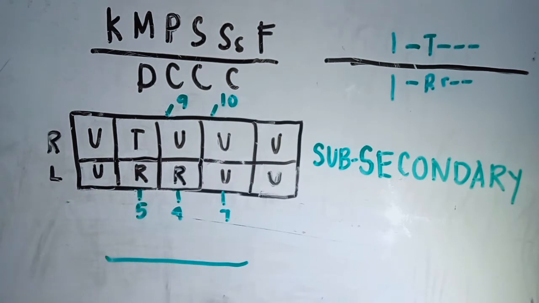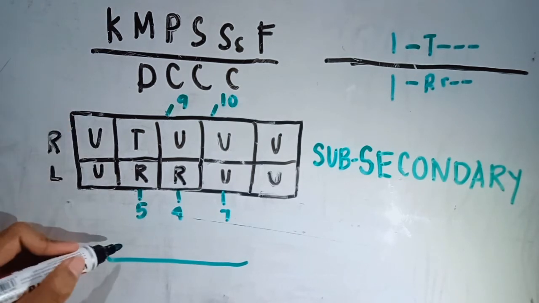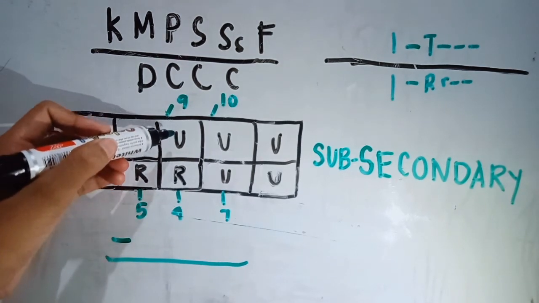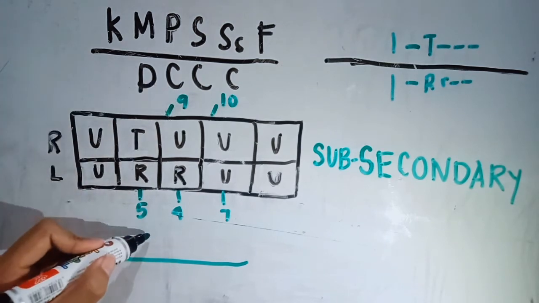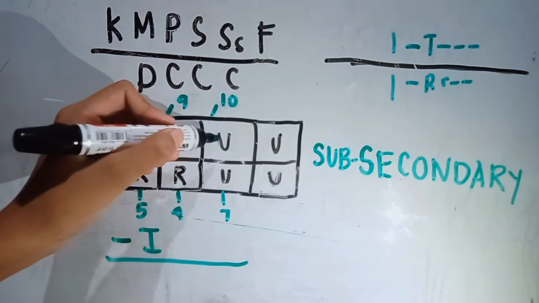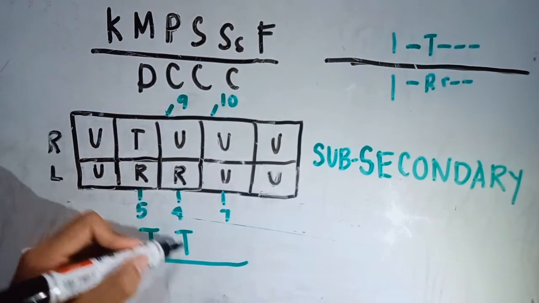As you can see, we see an arc, so we put a dash. The ulnar has a 9 ridge count, so it is an inner, and the ring finger has a 10 ridge count, which is also an inner.